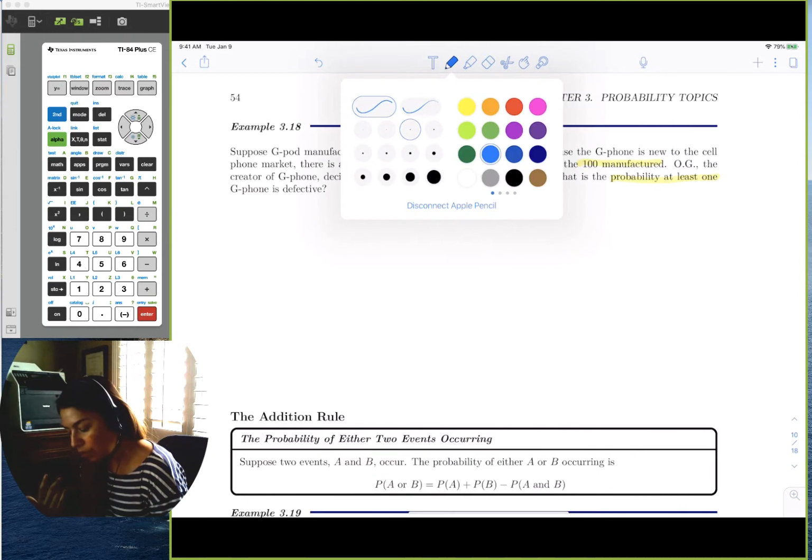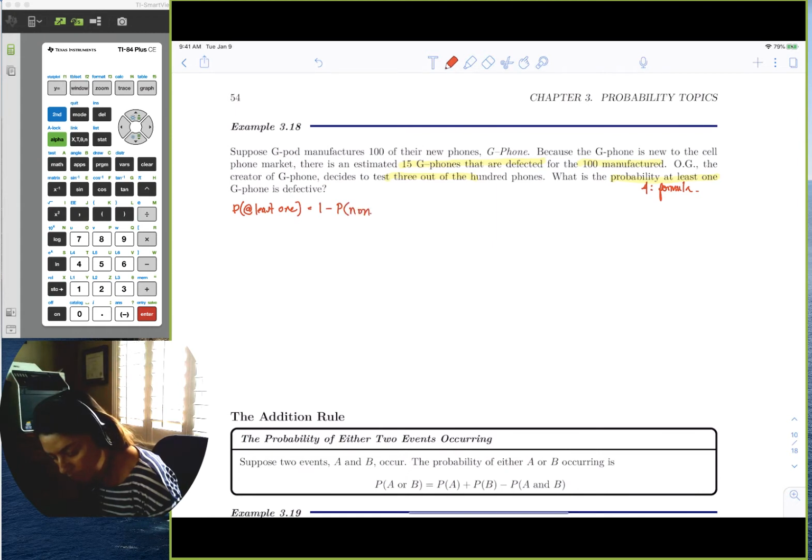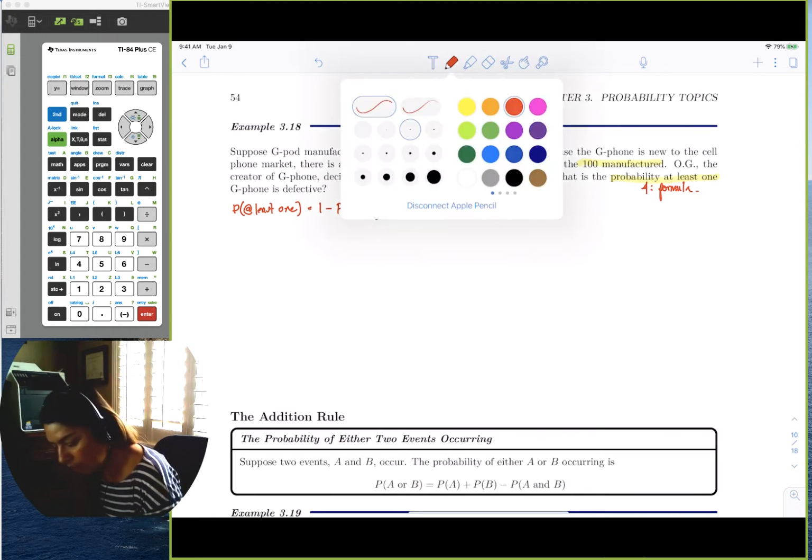Those all 3 should have come out at you, because the probability of at least one tells you which formula you're going to use. So the first thing is the probability of at least one is equal to 1 minus the probability of none. Okay, and then let's list the rest.